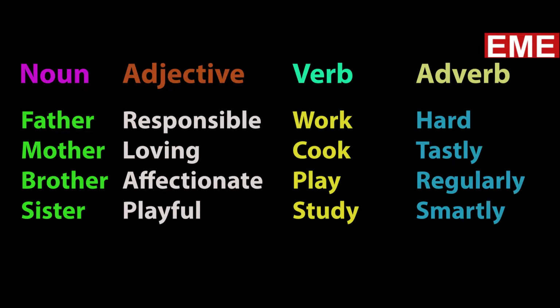The words in the third column are called verbs. They are placed immediately next to the subject in a sentence. Remember, you can form a sentence without a subject and without an object, but never without a verb. The words in the fourth column are called adverbs, and they are placed close to the verb in a sentence in order to qualify the verbs.